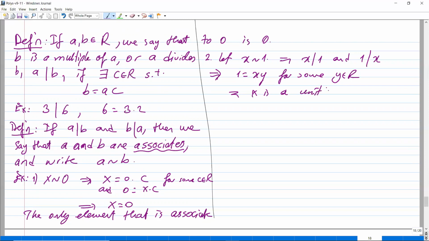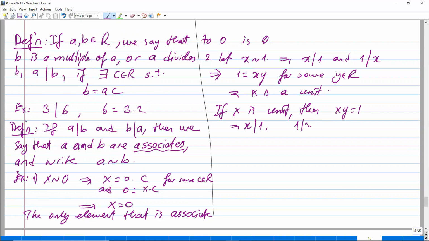Conversely, if x is a unit, then x times y is equal to 1 for some y, so x divides 1.